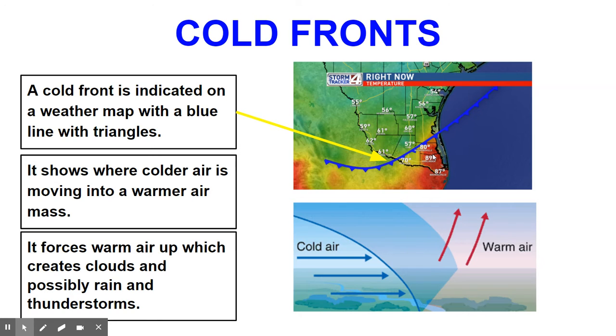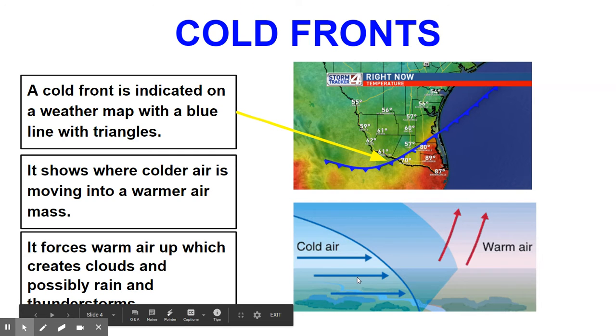So when you see a map and you look at the front, you can make some predictions about the weather on both sides of the front. So again, cold air moving into an area, forcing the warm air up, and the cold air replacing that warm air.